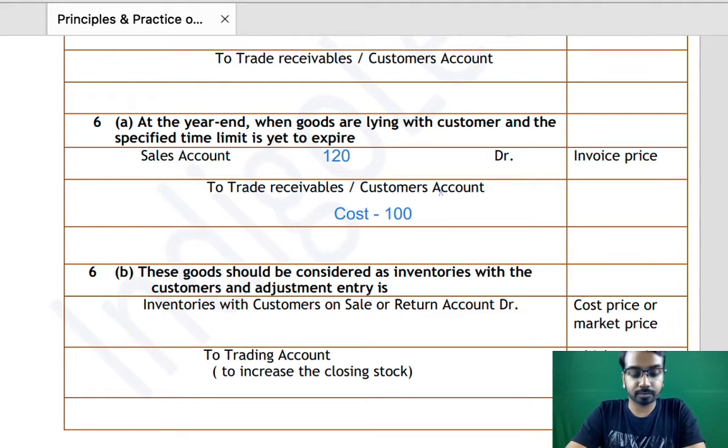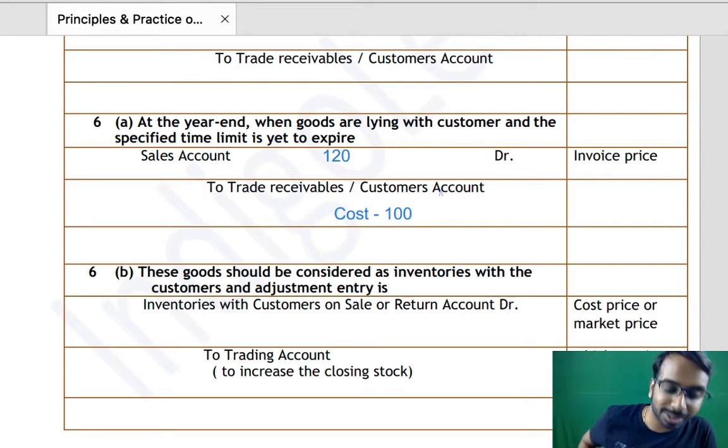And they might give you goods with customers at invoice price is 10,000, which are not yet accepted, right? So goods are sold at 25% above cost, and goods with customers at invoice price is 10,000.